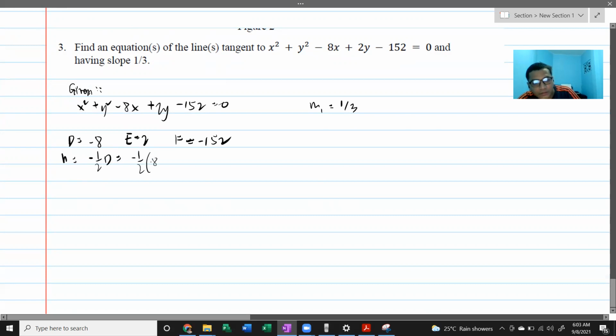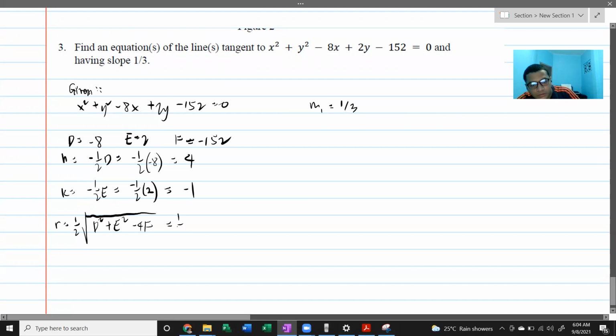So we have 4. Our k is -1/2 e. Okay. We have -1, and our radius is equal to 1/2 times the square root of d squared plus e squared minus 4f, that is, -8 squared plus 2 squared minus 4 times -152.